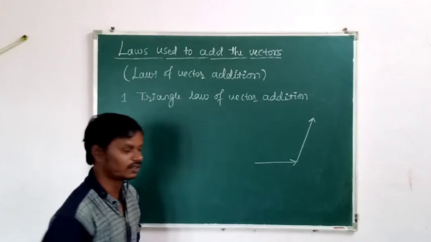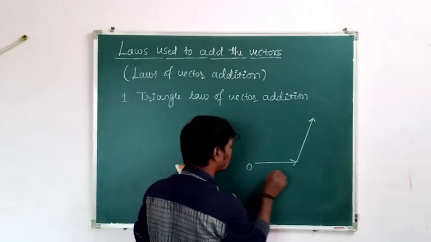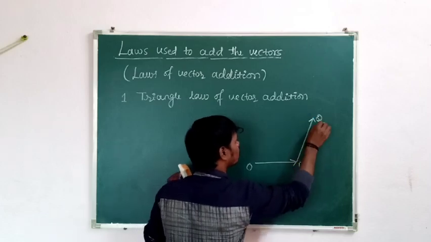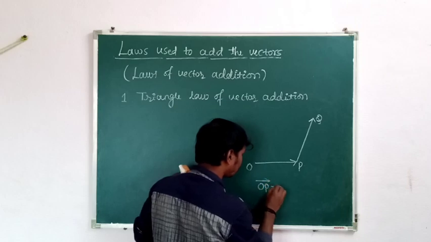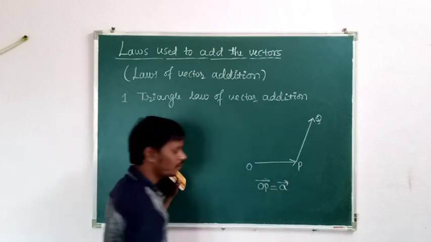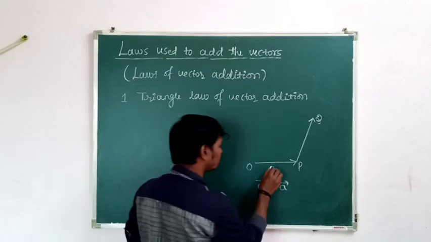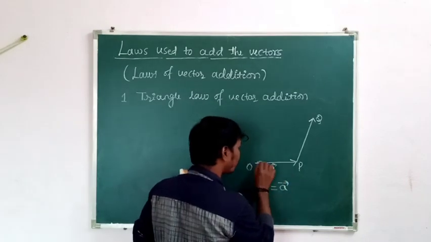Let us take the points O, P and Q. Then the vector OP can be taken as vector A, and it is represented in magnitude and also direction.